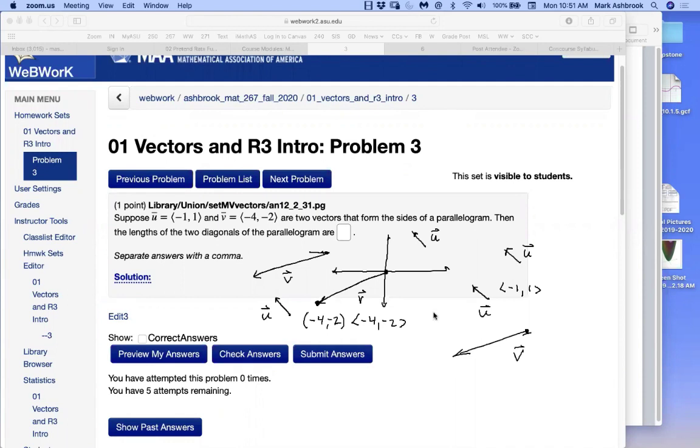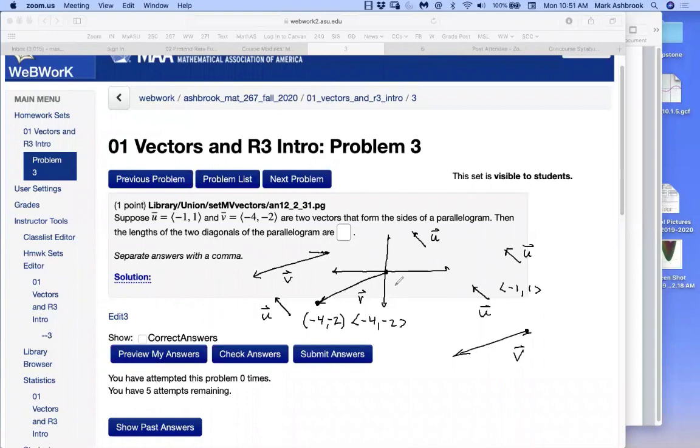All right, so we're talking about vectors here. We've got the vector -4, -2, and that means a change in x of -4, change in y of -2. If I put that tail on the origin, then my tip actually ends up having the same coordinates as the components of my vector. This is called standard position.